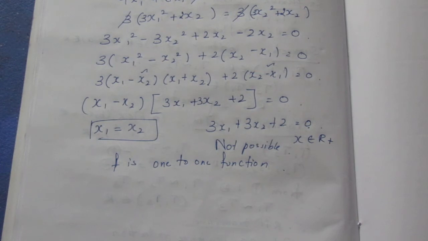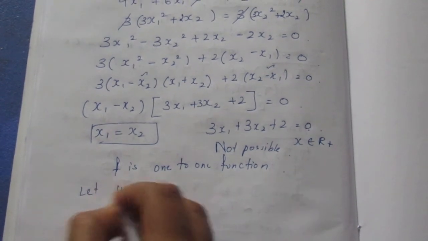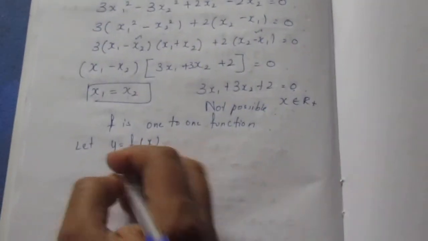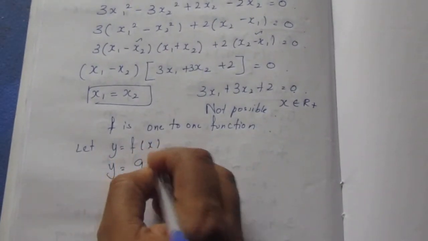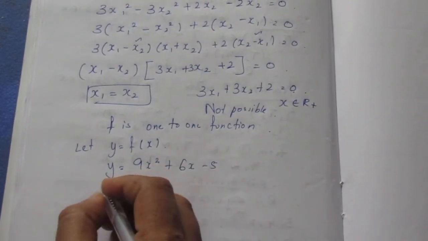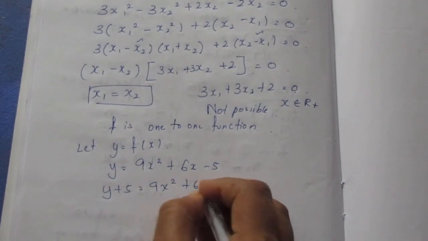We need to go with the onto function. For onto function, let y is equal to f(x). If let y is equal to f(x), then y is equal to 9x² + 6x - 5. Bringing 5 to this side, it becomes y + 5 equal to 9x² + 6x.